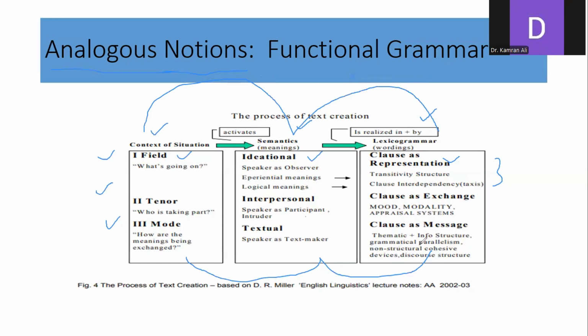Especially when it's a difficult text, when you're analyzing a difficult text, it's better that you go from here to here to understand the meaning. Or when you're producing a text, right, not analyzing, it's better that you go from field to ideational and this. And always remember that when you are analyzing clause representation, right, you're actually trying to understand the meanings, and you're also trying to understand the subject matter there.